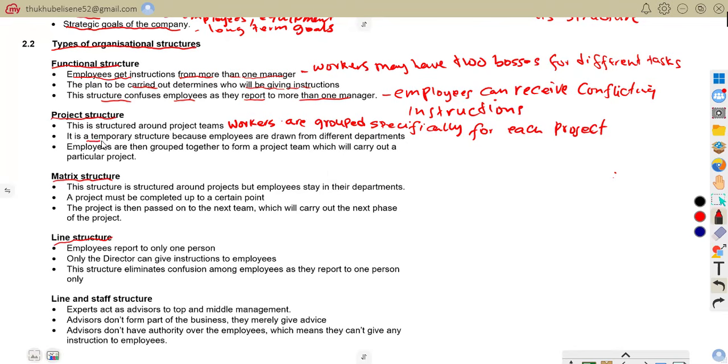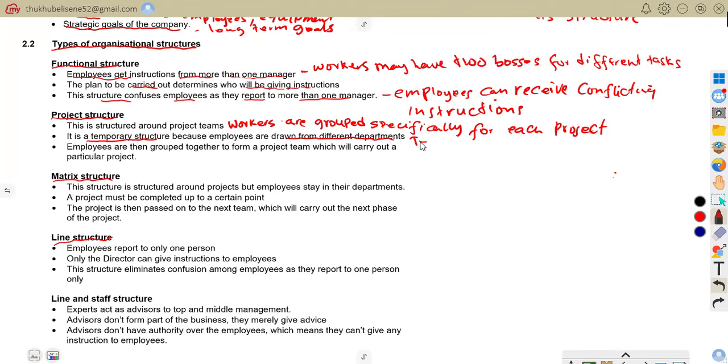Also, he says it is a temporary structure because employees are drawn from different departments. So it simply says teams exist only while the project lasts.